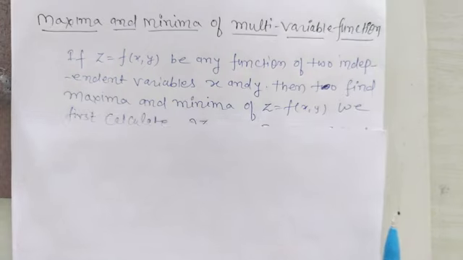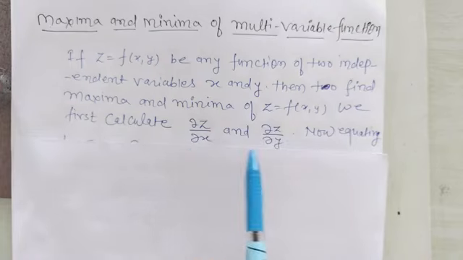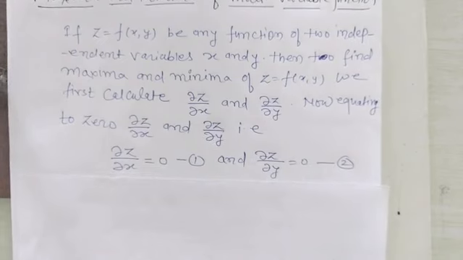We get del z/del x and del z/del y. Equating these to 0, we get del z/del x = 0 and del z/del y = 0. Solving these two equations simultaneously, we get the stationary points.